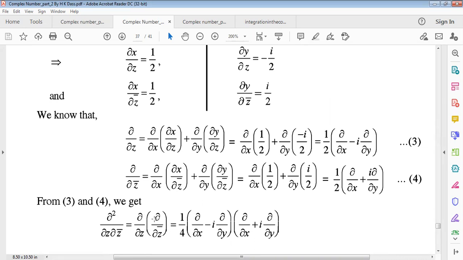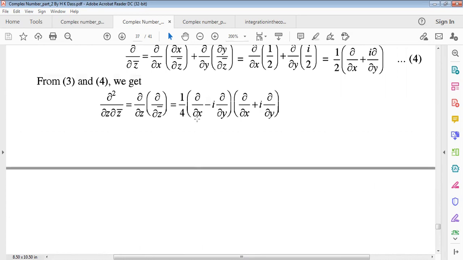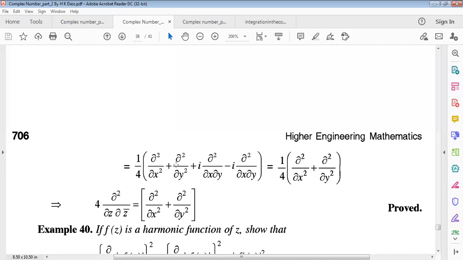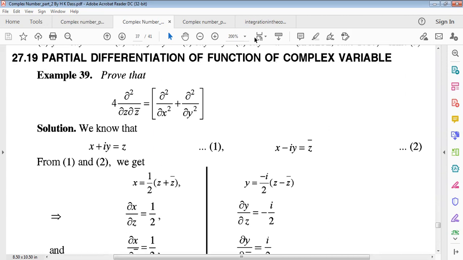Half into this multiplied by half into this gives the product: del x into del x minus i del y into i del y. The cross terms will be cancelled, plus and minus. So we get one by 4 times del square by del x square plus del square by del y square. This is the right hand side and this is the left hand side. So very easy for you, I hope.